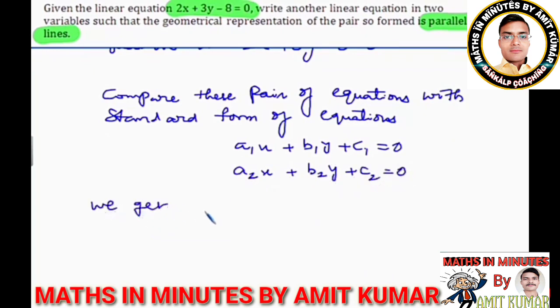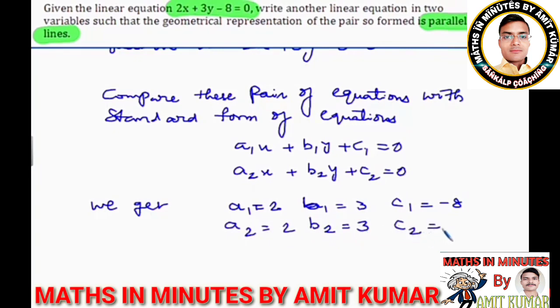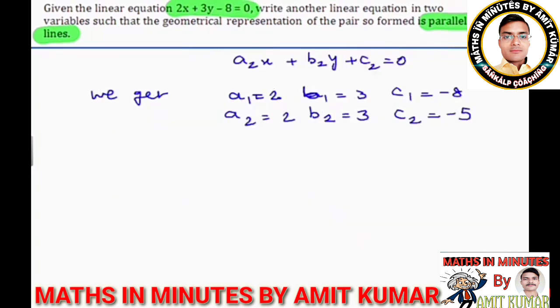Here we get a1 is equal to 2, b1 is equal to 3, c1 is equal to minus 8, here a2 is equal to 2, b2 is equal to 3, and c2 is equal to minus 5.